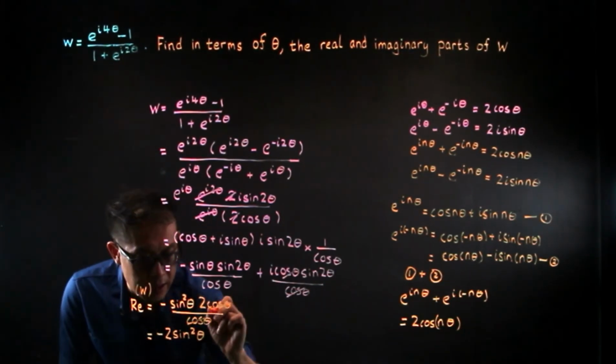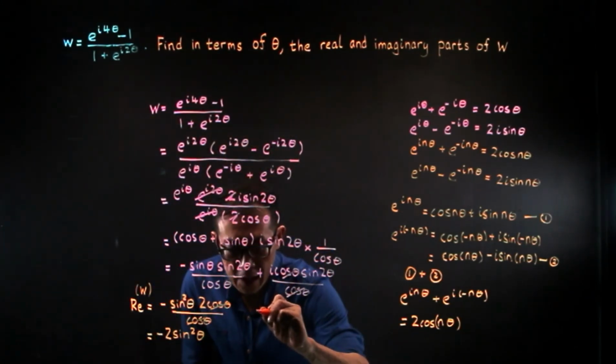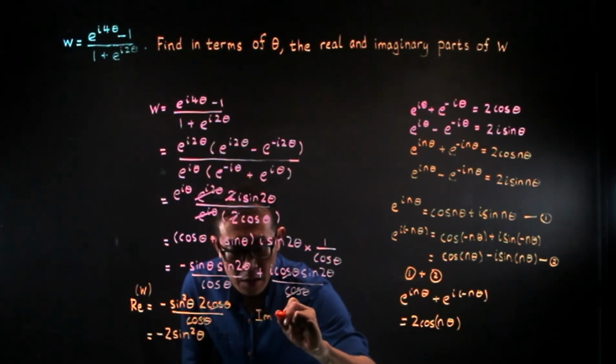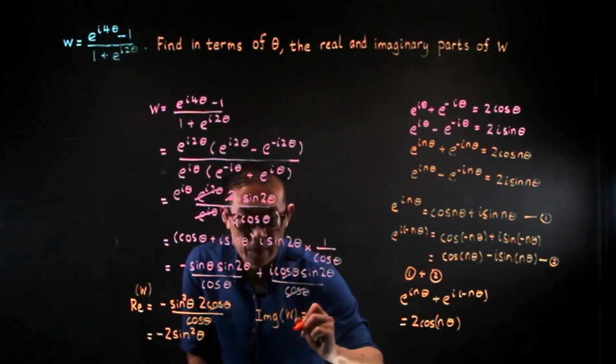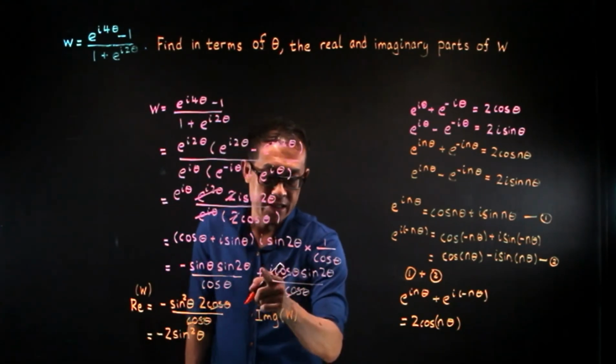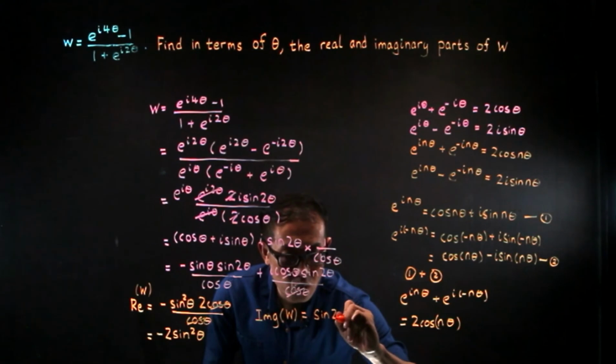This cos θ actually cancels out. Now the imaginary part of W is just this, so it is sin 2θ.